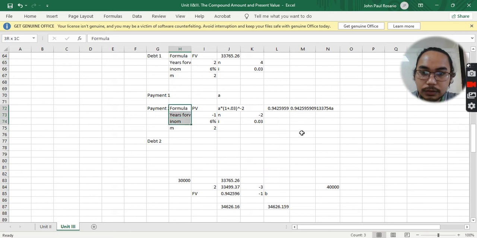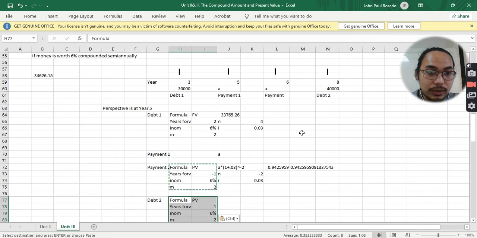For our debt too, we know that our future value is 40,000. What is unknown is the value at the fifth year. So that's like going backwards, which means we have to solve for the present value.